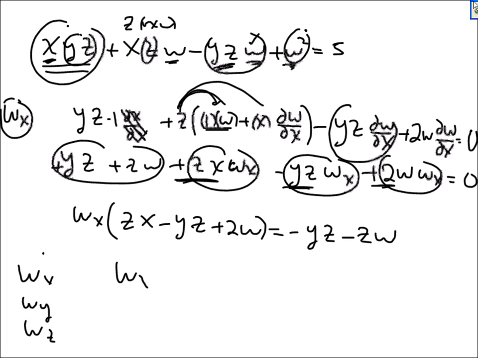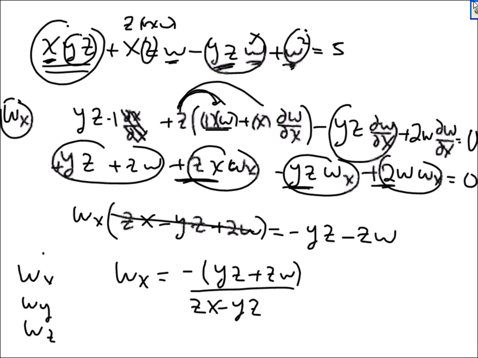And w sub x is just the left side over the right side. I'll even factor out the minus, divided by this expression. And barring some silly error, here's the answer. And you can find w sub y the same way and w sub z the same exact way.